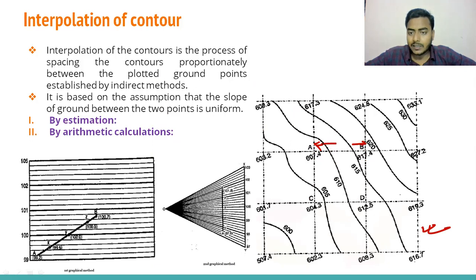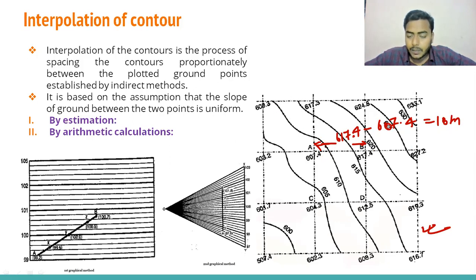What is the difference between these elevations? 617.4 minus 607.4, it is coming 10 meter.